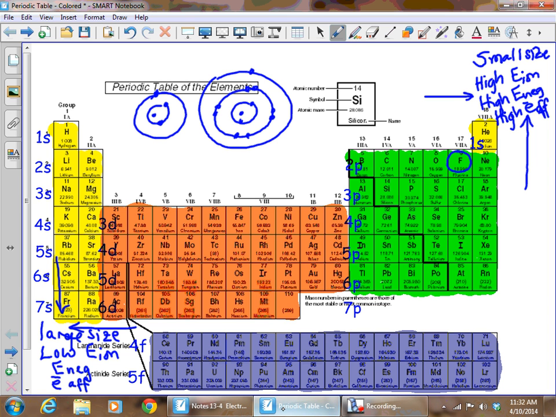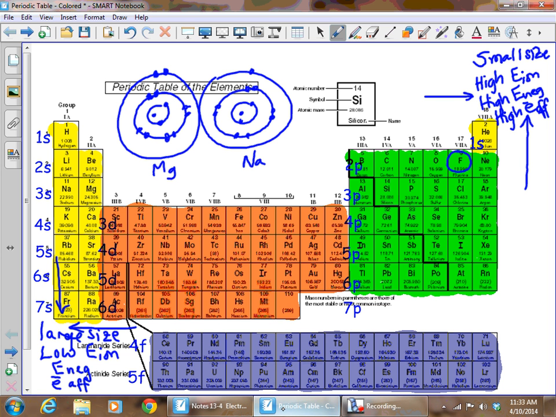What's harder to understand is the difference, for instance, between sodium and magnesium. So let's say that this is sodium and this is magnesium now. And so for magnesium, we're going to add some more electrons in here. And on the outer energy level, there are going to be 2 electrons, 2 valence electrons.